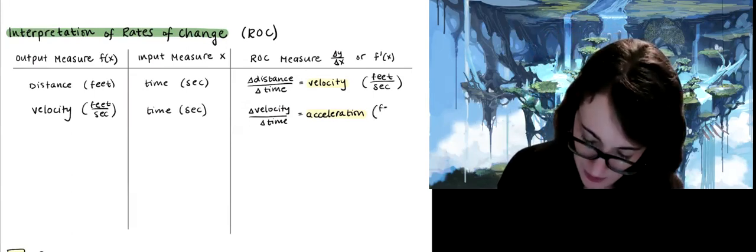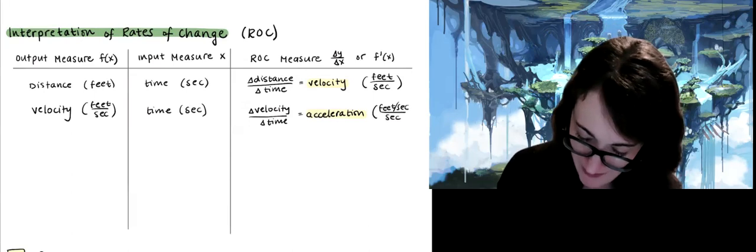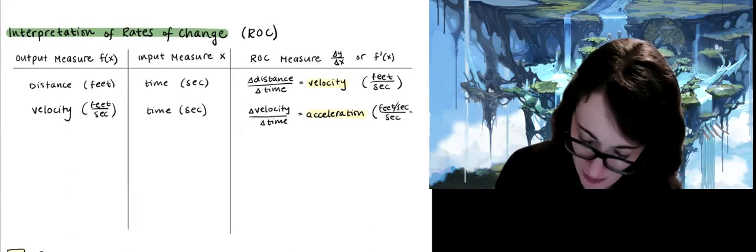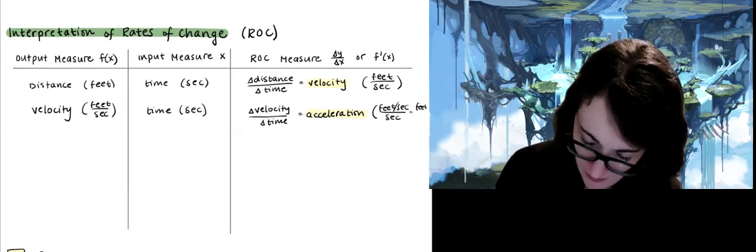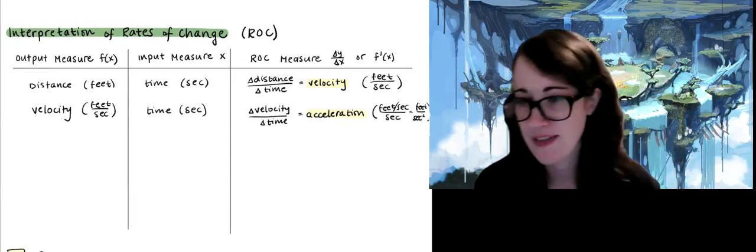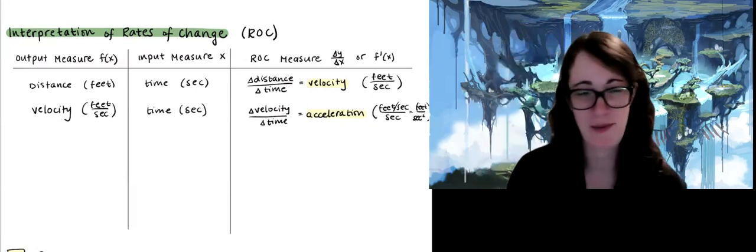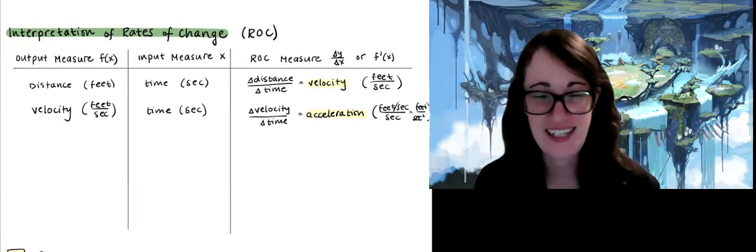So this would be feet per second over seconds. And we actually just abbreviate that as feet per second squared. I know it doesn't really make much sense, but really it's just feet per second per second.